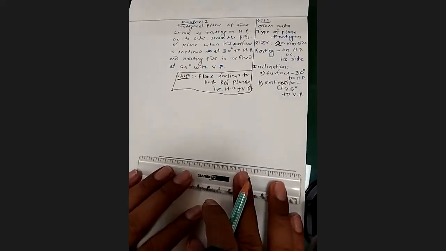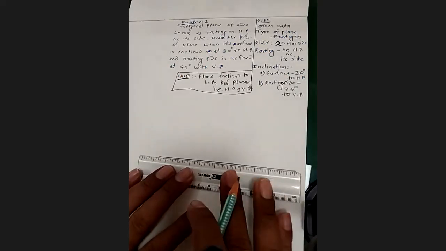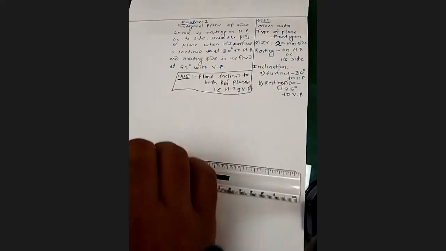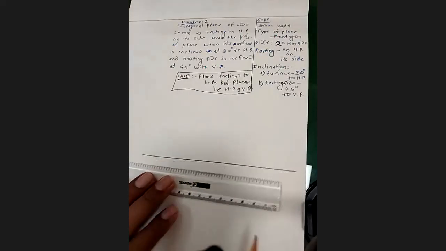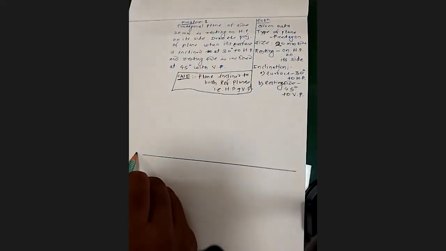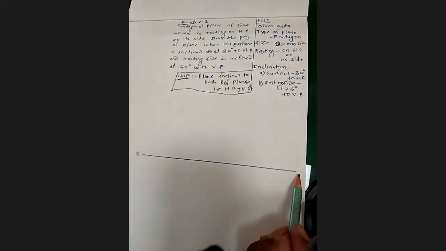It will be of sufficient length, or even later on you can have an extension, but only on the right side. That will work. On the left side you can't. You name this line as the XY line.